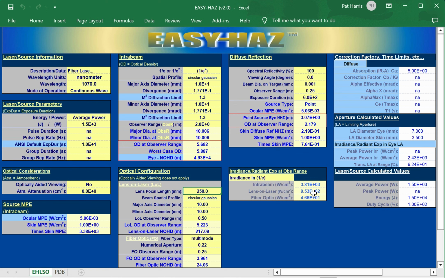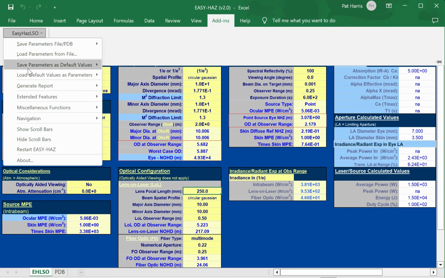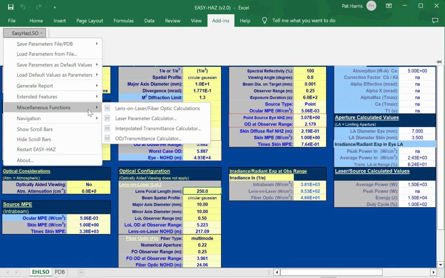Now, the question may be, how do we know what the beam diameter is for a lens-on laser or a fiber optic, like we would know for the intrabeam? What we can do is come right up here, go to the EZHAZ menu, come down to miscellaneous functions, and look at lens-on laser fiber optic calculations.